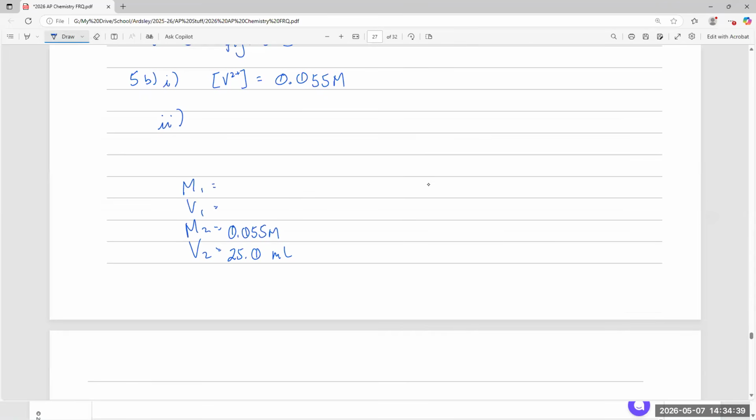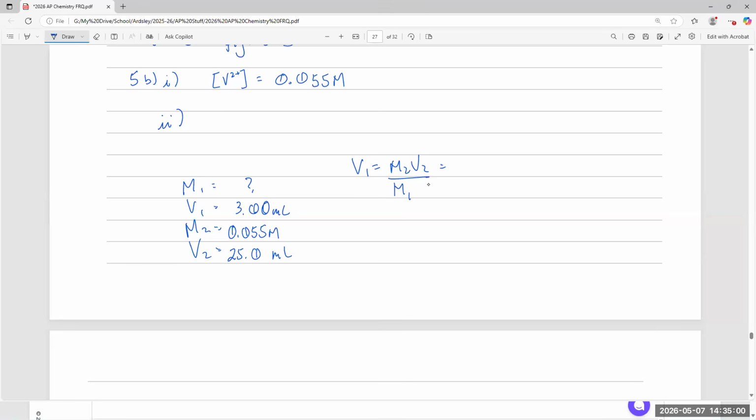And what else do we know? We originally took 3.00 milliliters, and we don't know what the concentration is. So it's M1V1 equals M2V2.